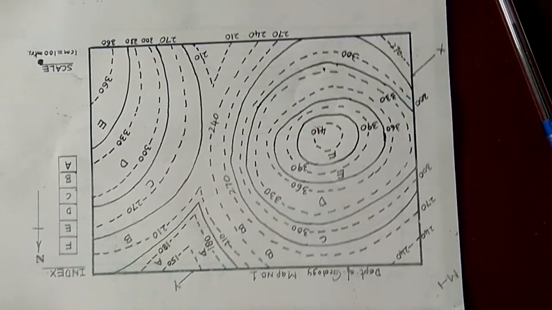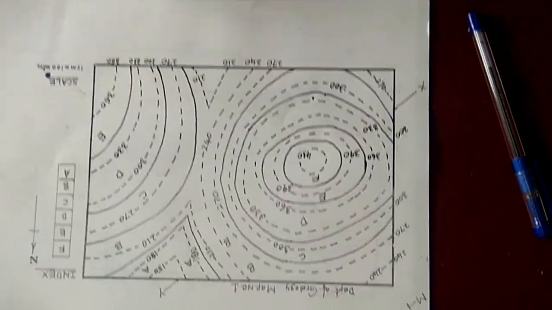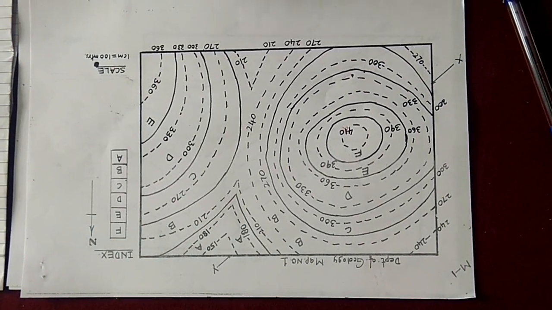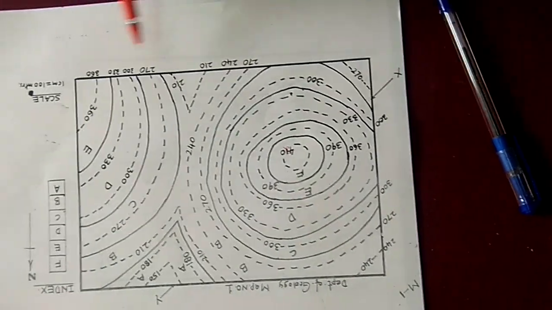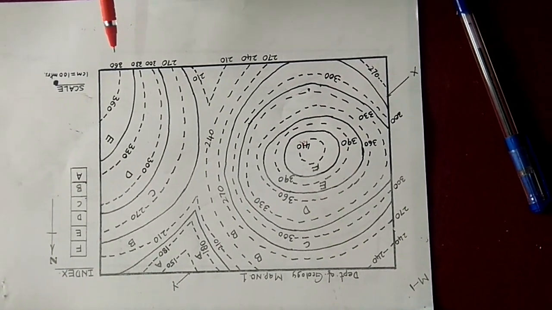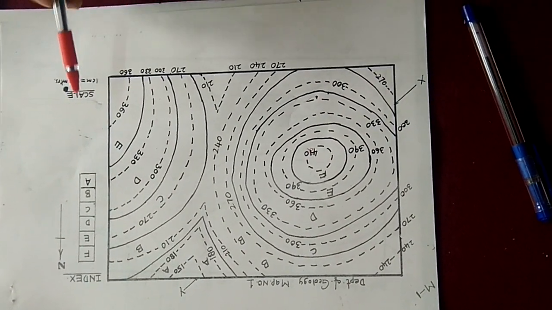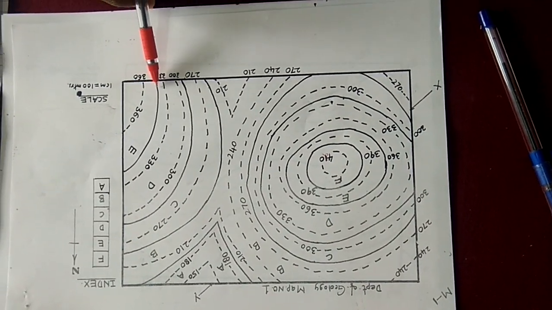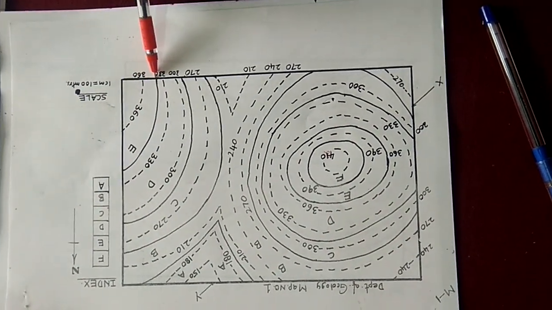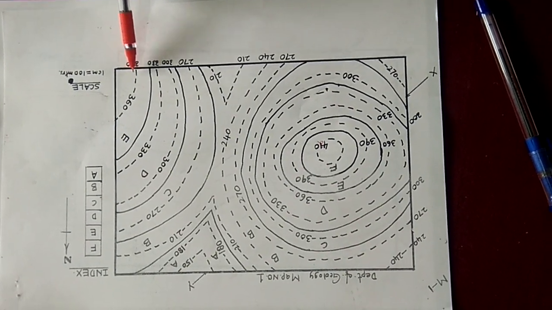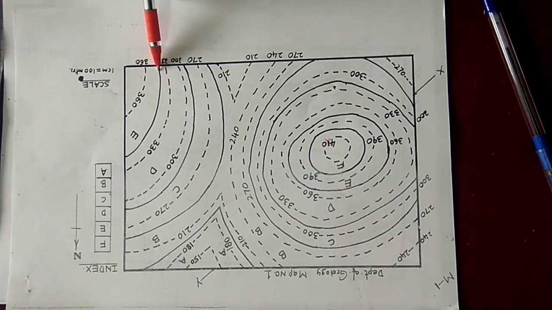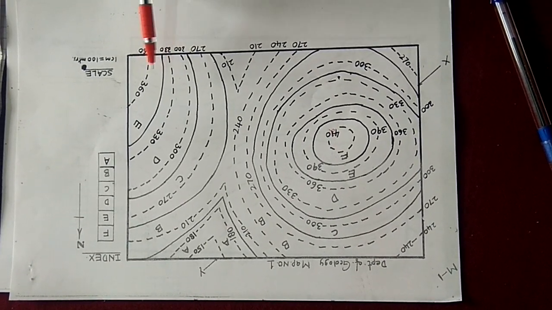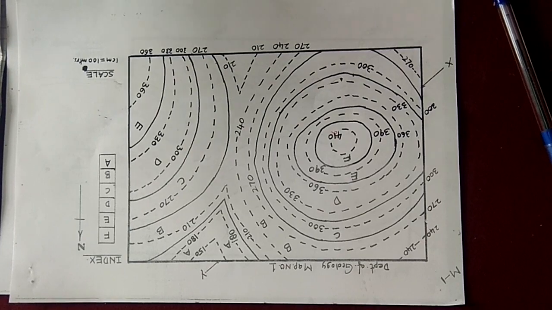And another point we have to monitor: which is the oldest bed, which is the youngest bed among these, and how the beds are here. First point, discontinuous lines are parallel to the bedding planes. Since discontinuous lines, meaning contour lines, are parallel to the bedding planes, here beds are deposited horizontally.